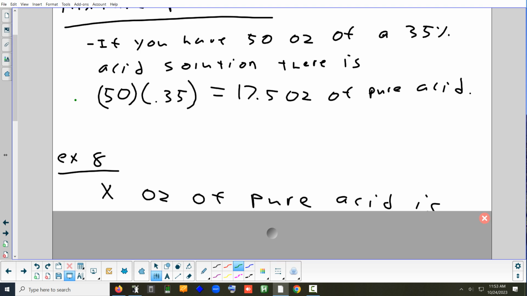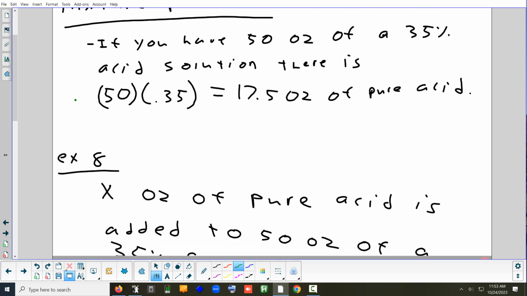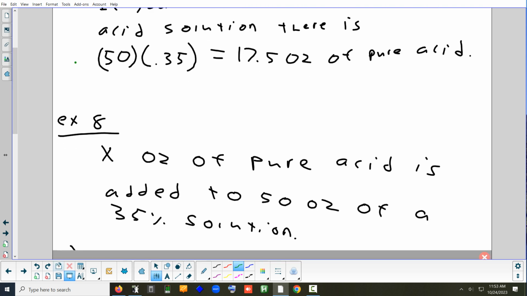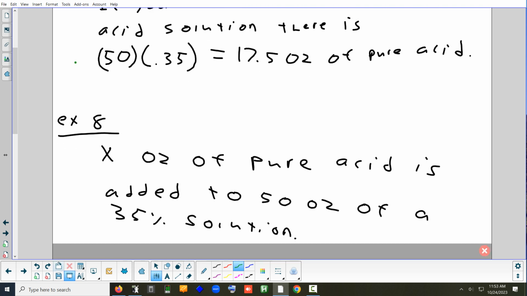Okay, let's look at the problem. So I'm going to take that mixture that I have, and I'm going to pour in X ounces of 100% pure acid. I'm going to pour that into the mixture I already have. What they're going to want me to do is find a formula that will tell you the concentration.